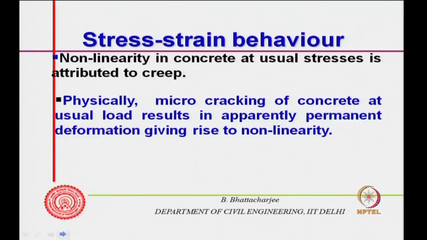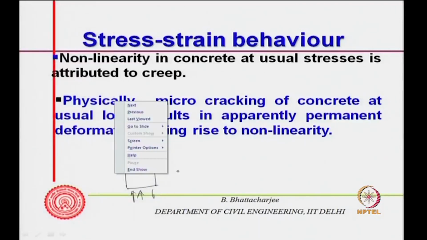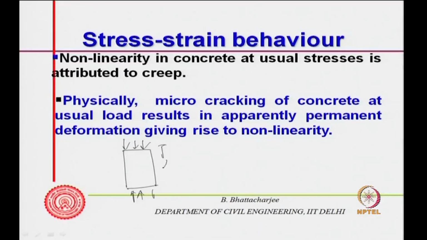That means, for example, if I have a compressive specimen with applied load like this, and L by D is sufficiently large, let us say L by D equals 2 or something of that kind.